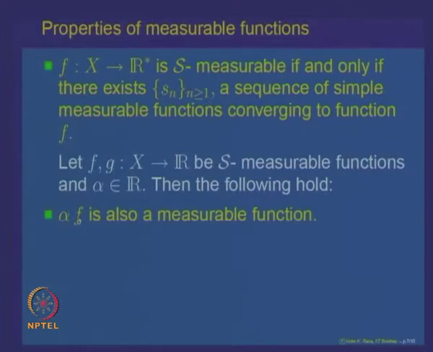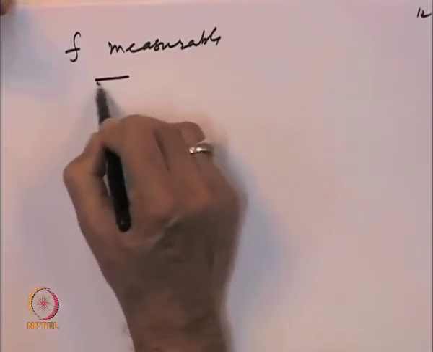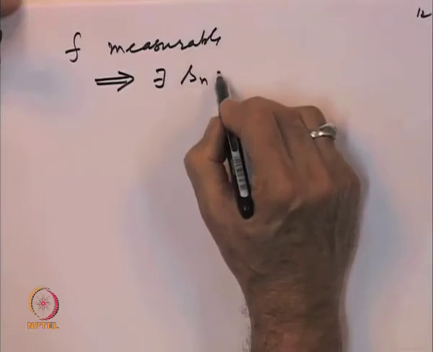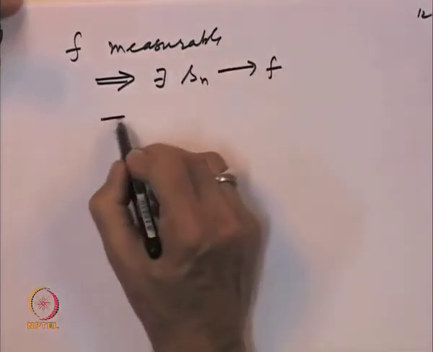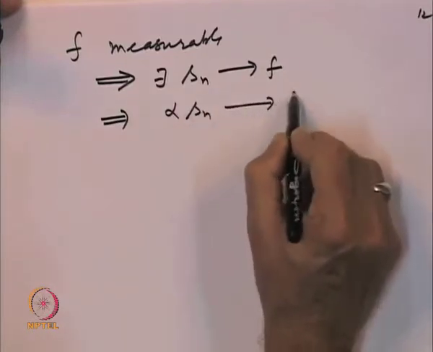For this we can apply our sequential criteria, because f is measurable. So, there is a sequence of simple measurable functions converging to it. Let us look at the proof. f measurable implies there exists a sequence S n of simple measurable functions converging to f, but that implies, by the properties of sequences, alpha S n converges to alpha f.